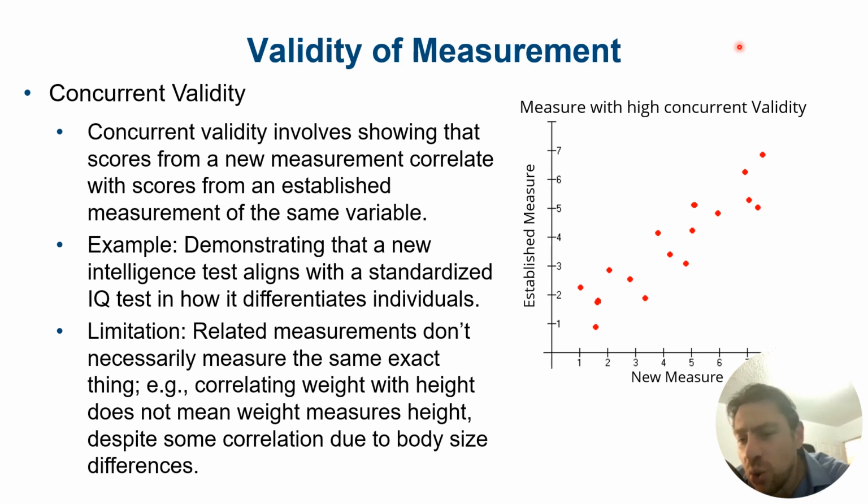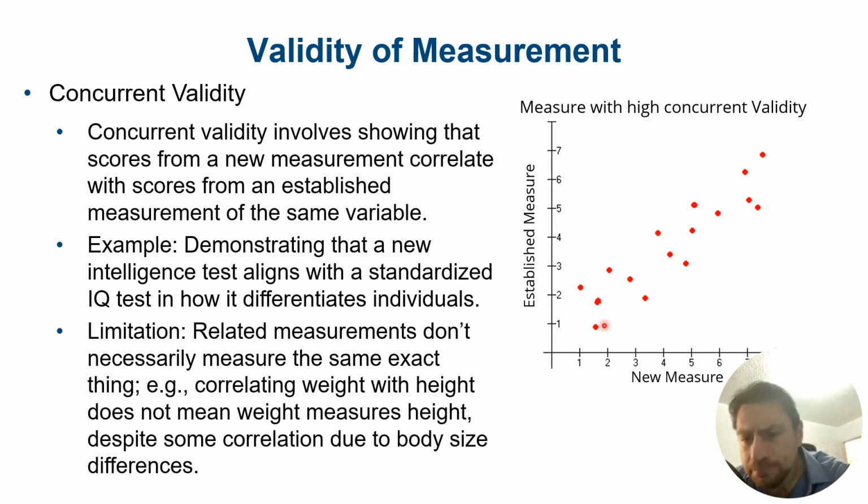You want to show that it correlates with existing and established measures of intelligence. So in other words, people who score high on your test should also score high on existing, well-established tests of intelligence. So that relationship is being plotted here in this graph.